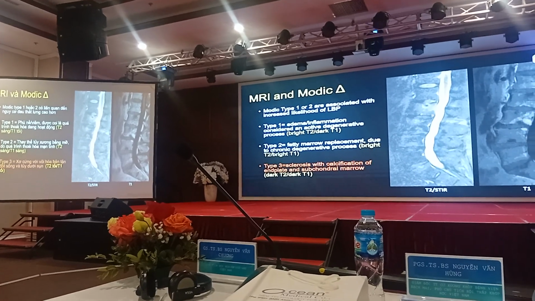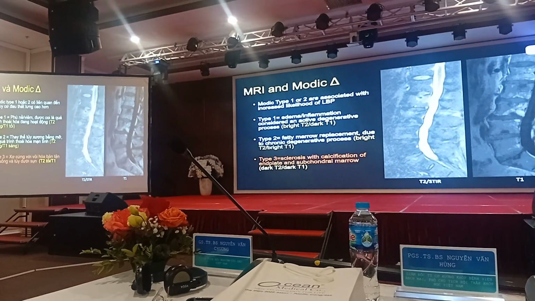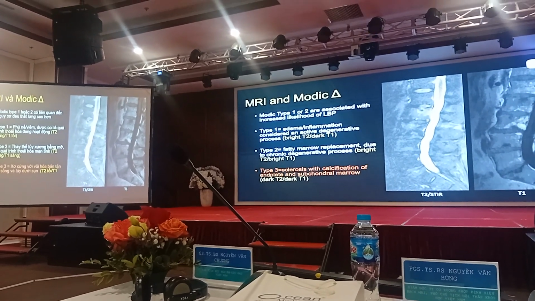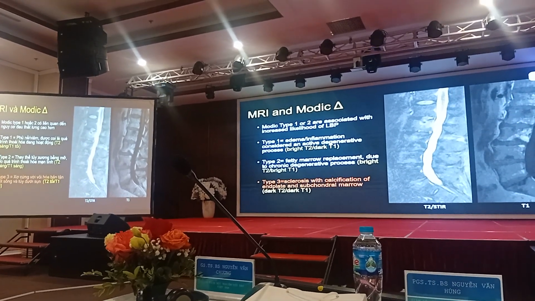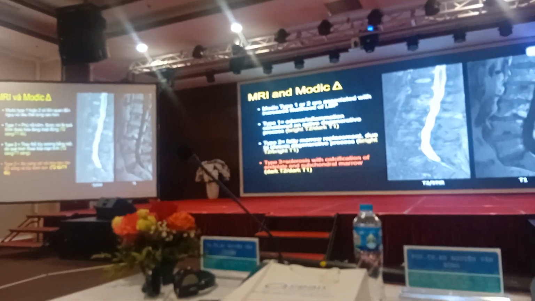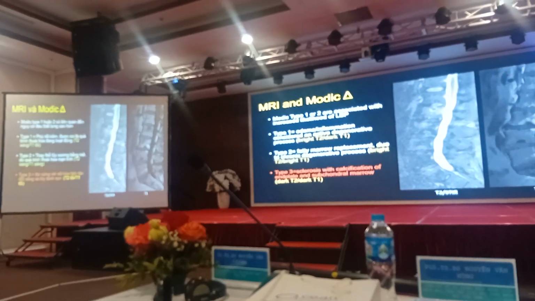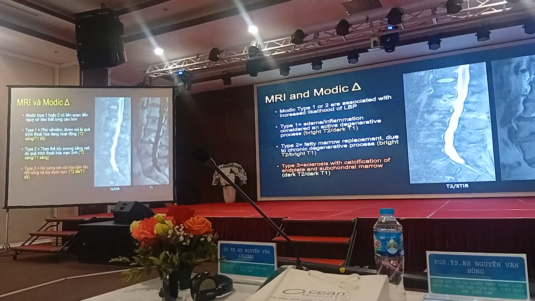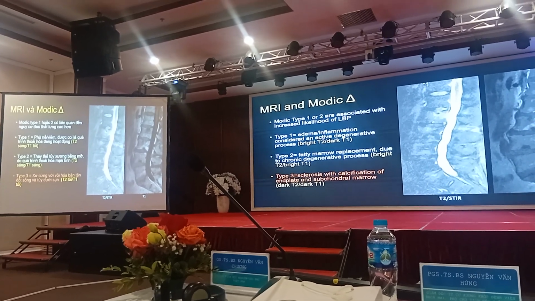Type 2, again, fatty marrow replacement due to chronic degenerative process, and this is bright on both T2 and T1. And so these are required when we're making our diagnosis of vertebrogenic pain. Type 3 is not included in this diagnosis, but is associated more with chronic degenerative findings, sclerosis, calcification of the end plate, and subchondral marrow.